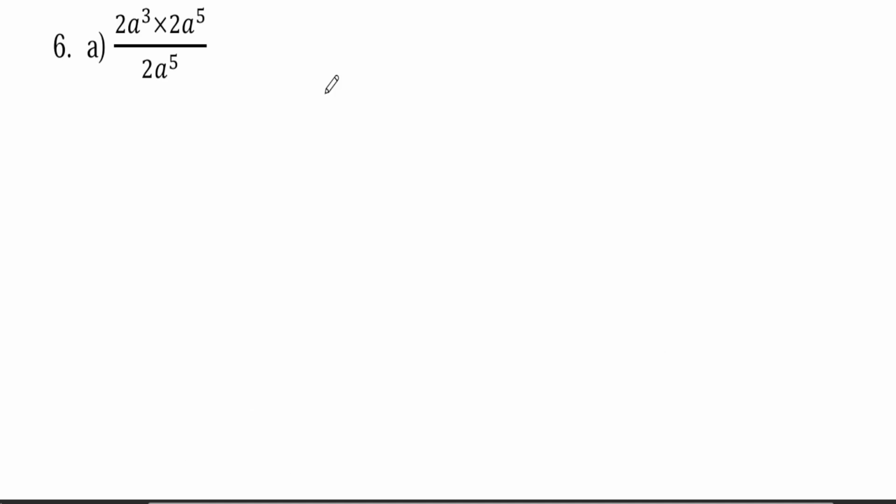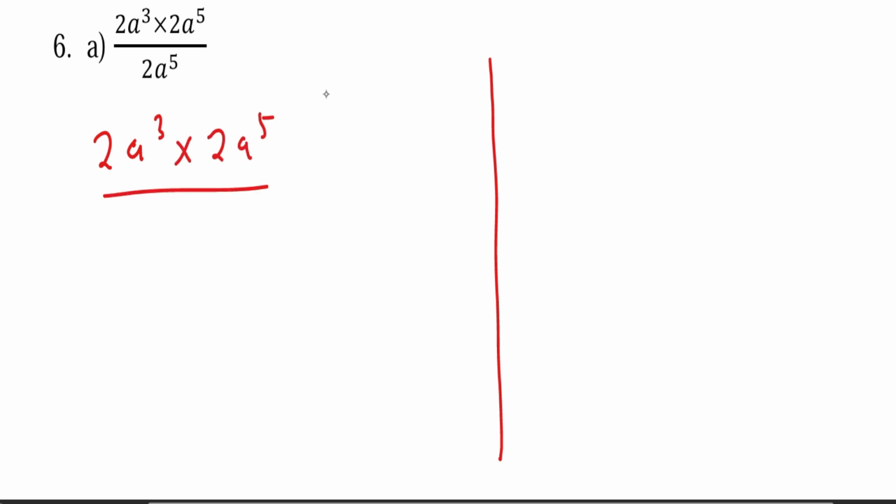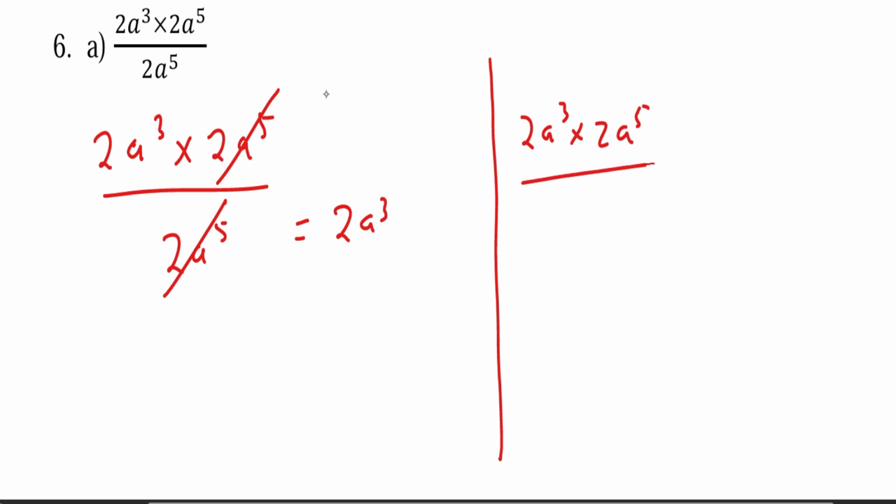The other question is this one: 2a cubed times 2a to the power of 5 divided by 2a to the power of 5. There's a simple, direct way of solving this, and the final answer you get is this one. The longer way is this: 2a to the power of 3 times 2a to the power of 5 divided by 2a to the power of 5.